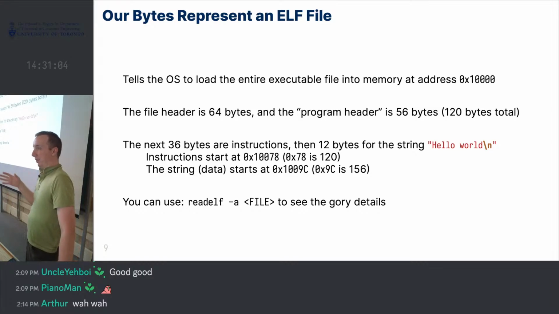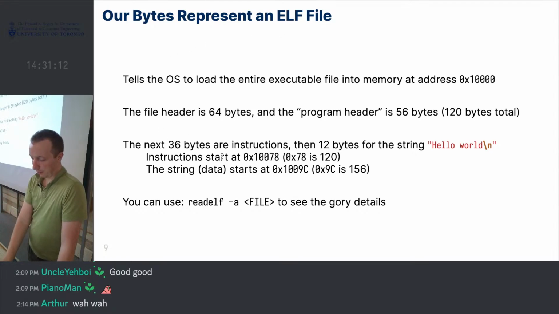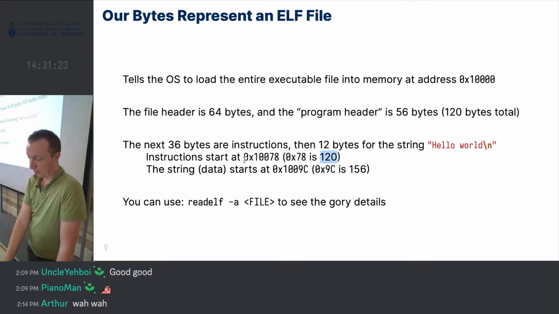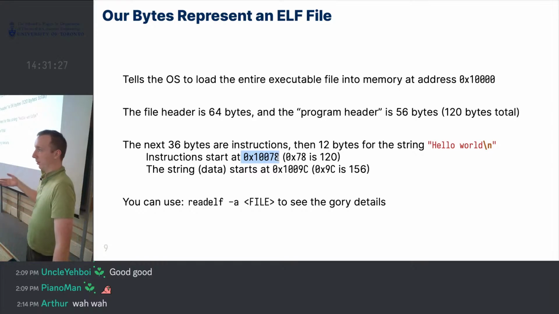And in this case, if you calculate the difference from the start of the file to where the instructions start and where the data starts and convert it to hex, well, instructions would start at byte 120, because the first 120 bytes are the header and the program header. So if we loaded it at address 10,000 hex, instructions would start 120 bytes after 10,000 hex.